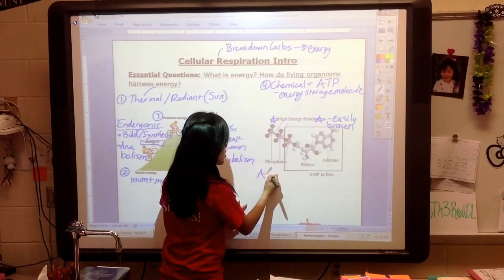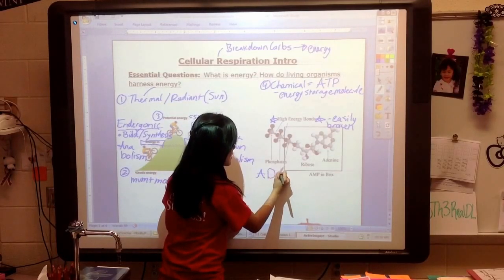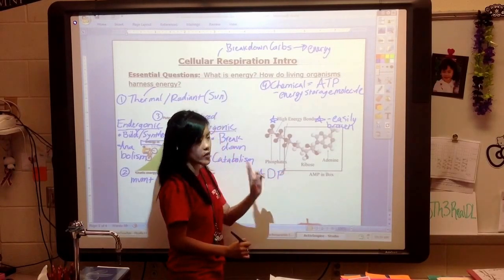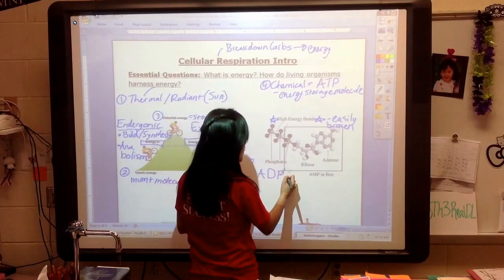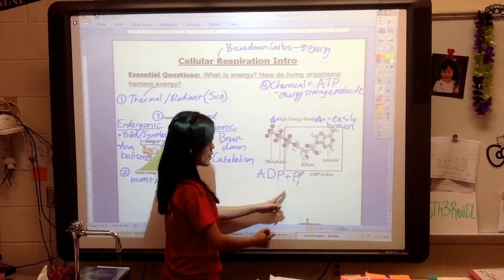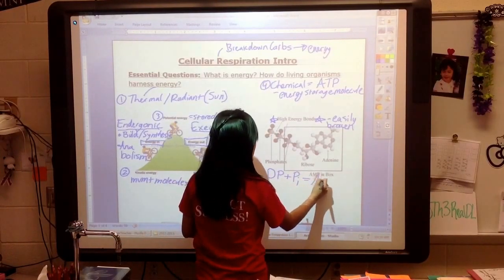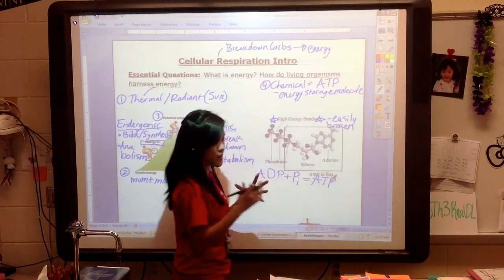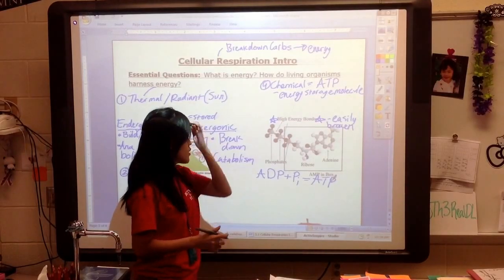ATP can actually be formed by ADP, adenosine diphosphate, 2 phosphate groups, plus adding an inorganic phosphate, Pi, and we can actually create another ATP or build another ATP molecule.